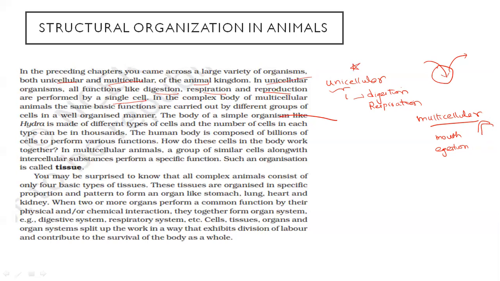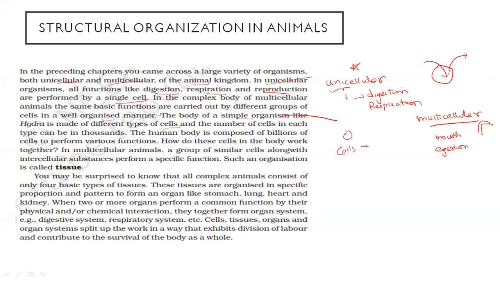In the complex body of multicellular animals, the same basic functions are carried out by different groups of cells in a well-organized manner. The body of a simple organism like Hydra is made up of different types of cells, and the number of cells can be in thousands. So let me tell you something.